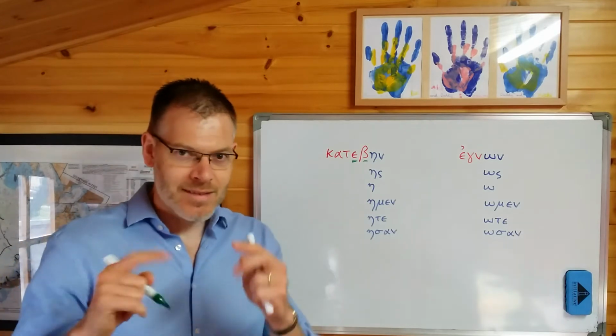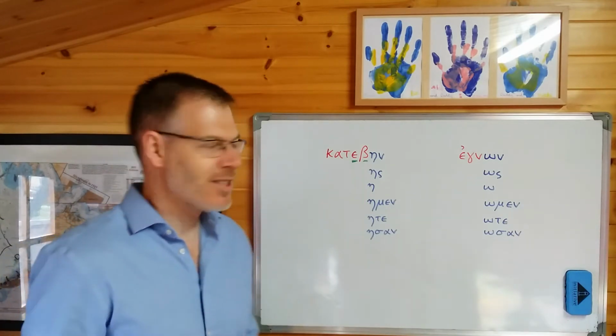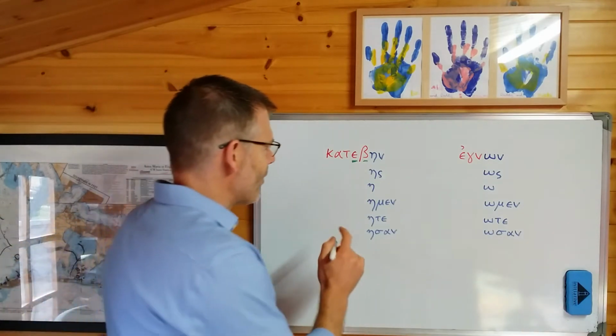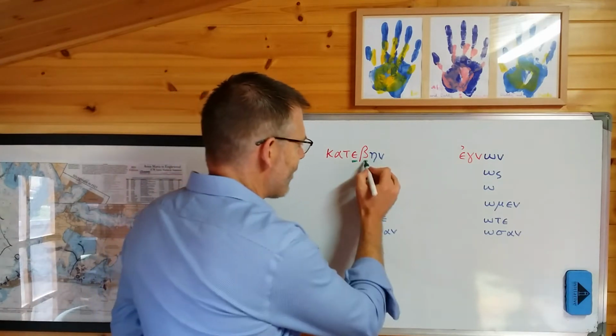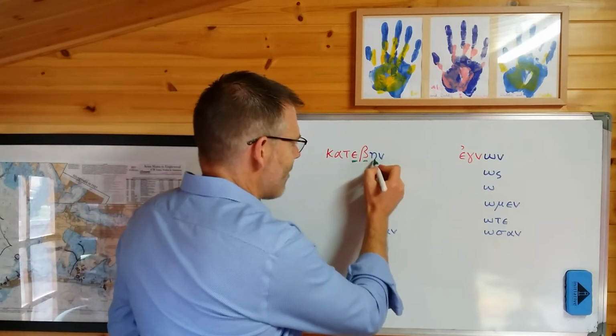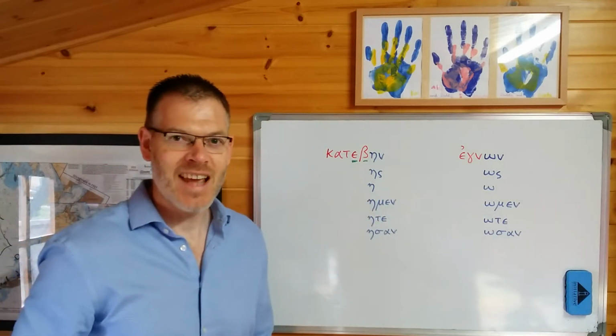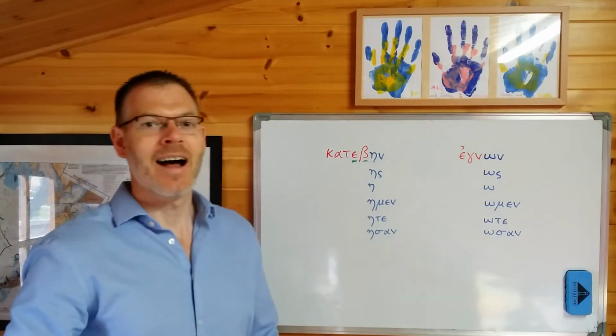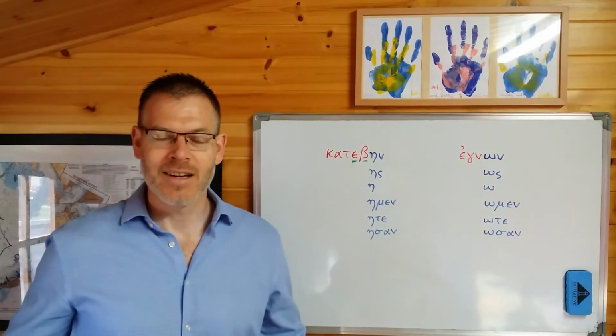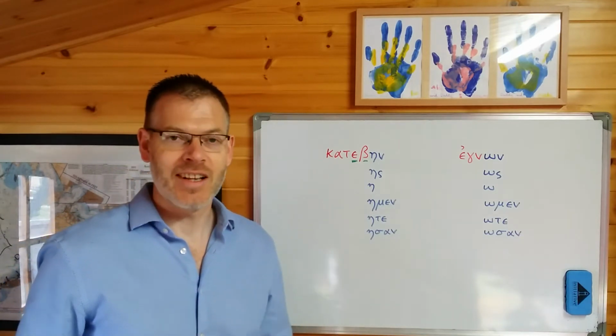Now technically, it's just a side note, some grammarians prefer to think of the vowel here as part of the stem as well. That might actually technically be right if you are analysing things in the way that traditionally they have been analysed.